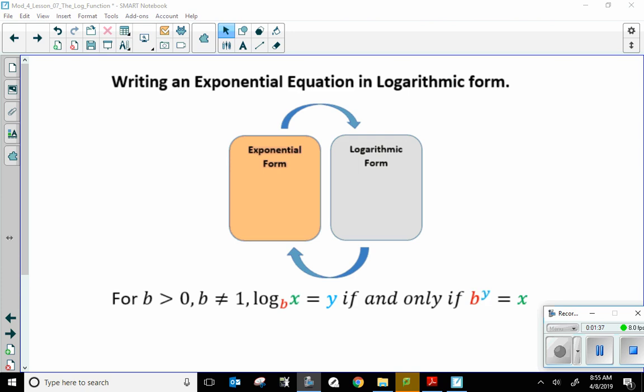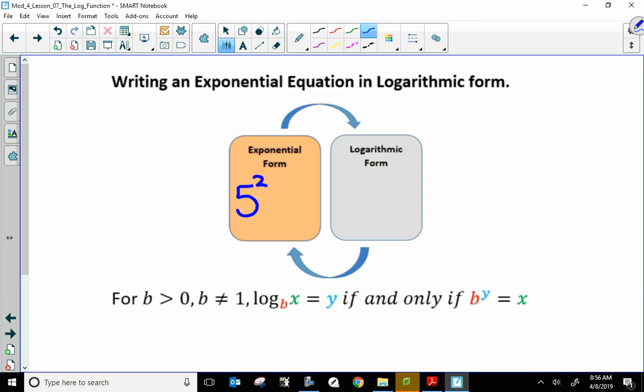One of the most basic things about logs and logarithmic functions that you need to understand is it's really just dealing with exponents. What do I mean? Let me give you an exponent equation: 5 squared equals 25. If I want to write that in log form, I say the log base 5 of 25 equals 2. All I do is switch my 2 and my 25.